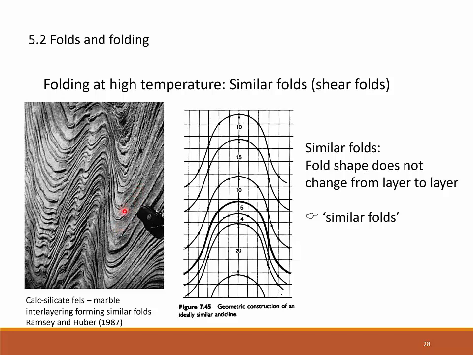The thinner layers that we see here are more competent and ductile flow is not as effective, and therefore the changes in thickness between the limbs and the hinge is not as prominent. But the light gray layers here show very clearly a strong thickening in the hinge compared to much thinner limbs.